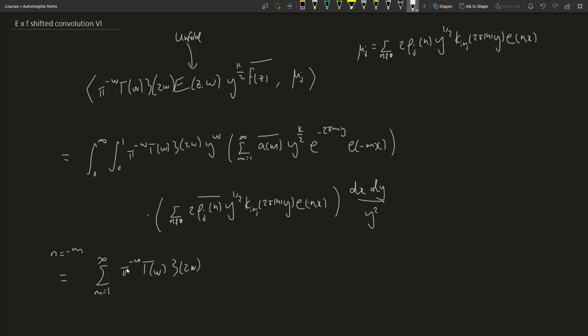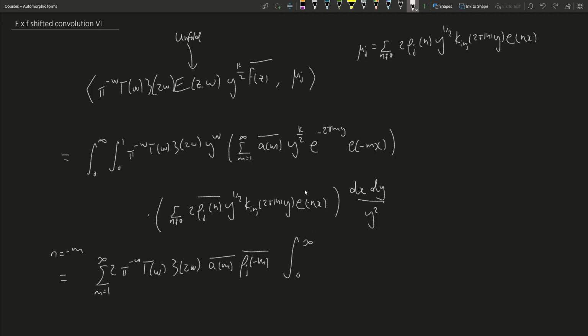And we're going to have this 2 from right here. We're going to have an a_m conjugate, and then we're going to have a rho sub j minus m, right, because n has to be minus m, conjugate. And then we have stuff that depends on y.